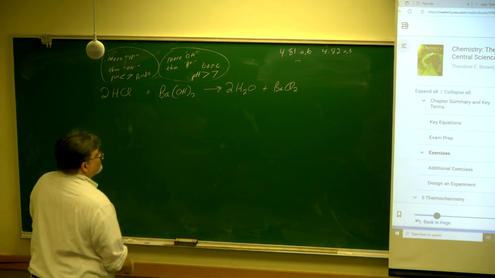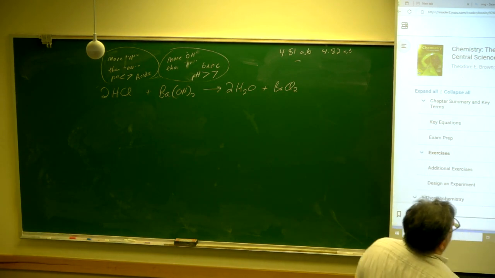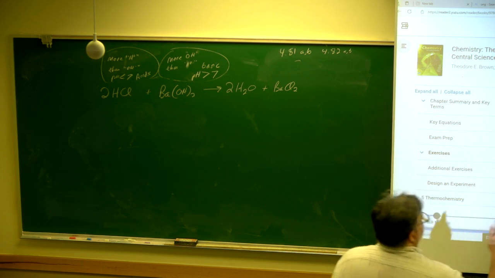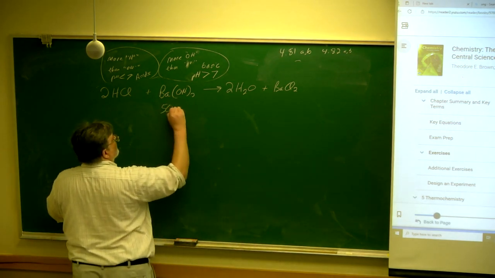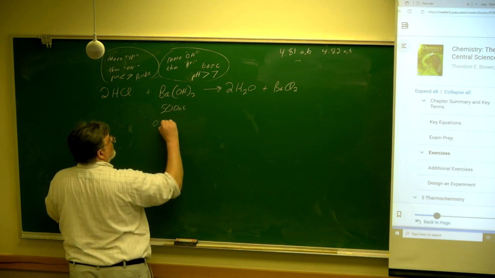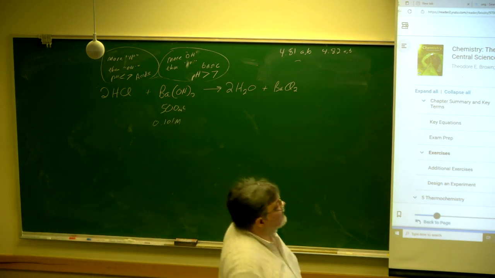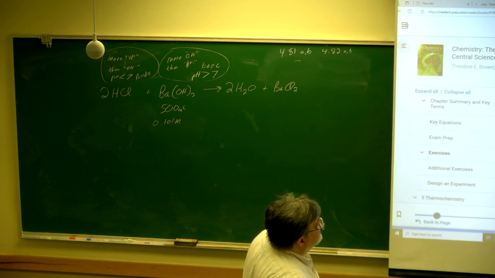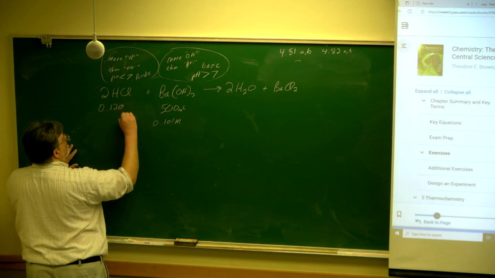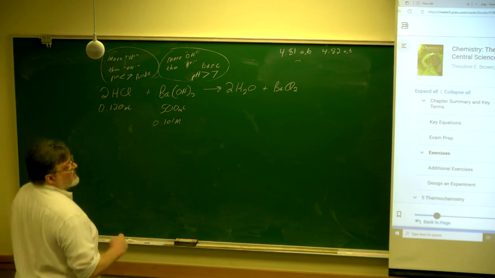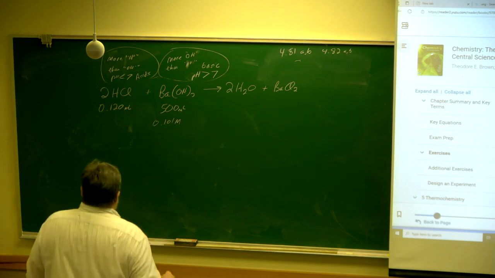All right. And here we're told it takes 0.120 molar HCl. How many milliliters? Okay, we've got 50 milliliters of 0.101 Ba(OH)2 and then 0.120 molar HCl.